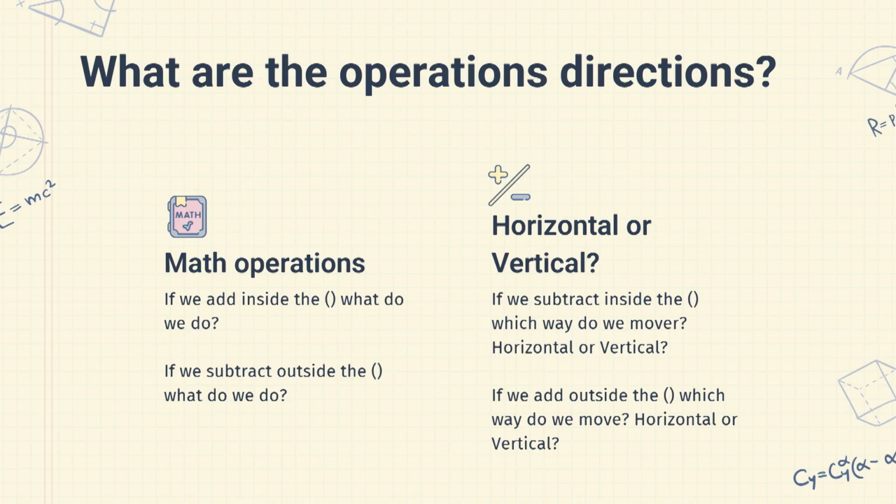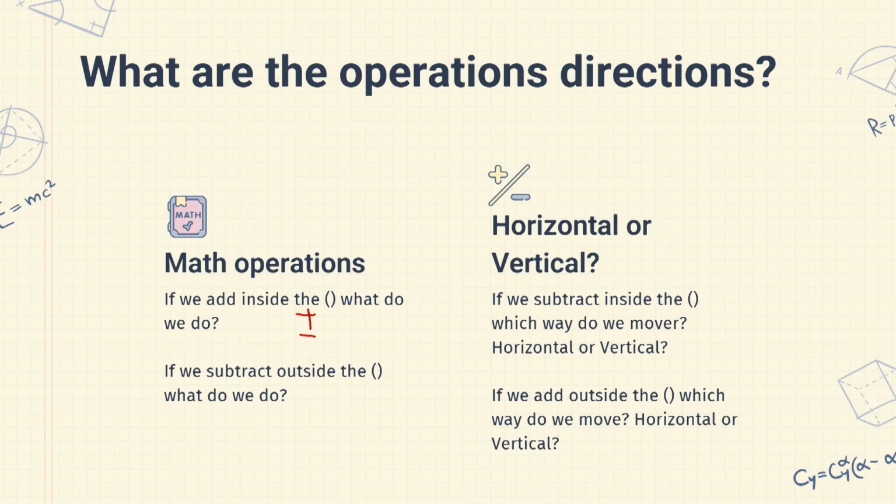All right. What are the operation directions? So this is an important slide where you need to make sure that you're getting all of this information. My math operations, if we add inside my parentheses, what am I doing? If I'm adding inside the parentheses, I'm either going left or right.